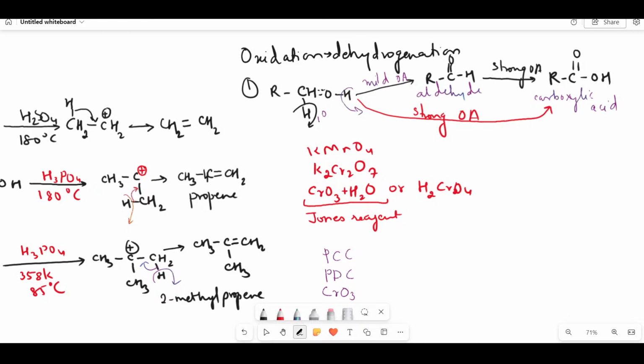Either of them will give a ketone when it is 2 degree alcohol. But when it is 3 degree alcohol, no reaction will take place with either of the reagents. It does not react at normal temperature. If we give drastic conditions, definitely there will be a change. But otherwise, at normal temperatures, it won't do any kind of reaction.